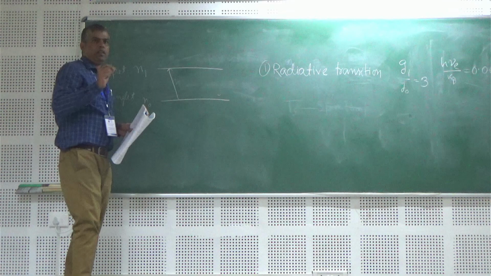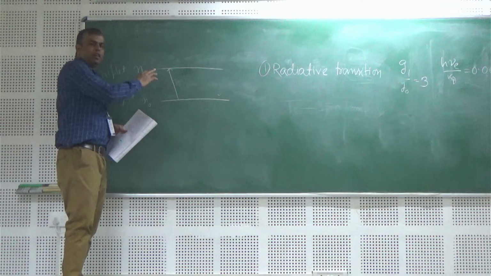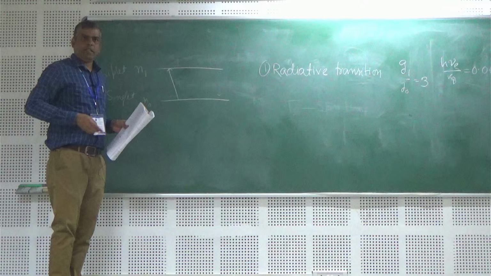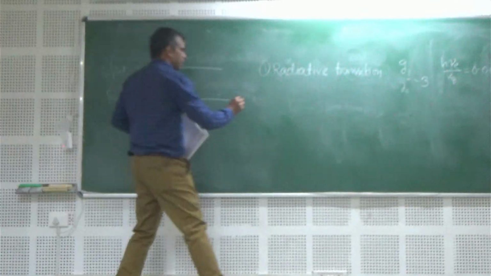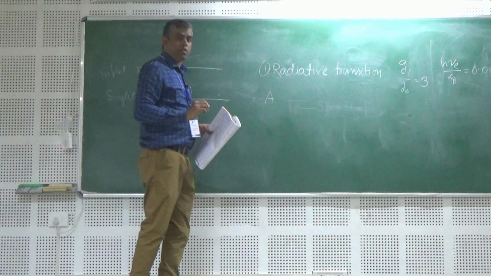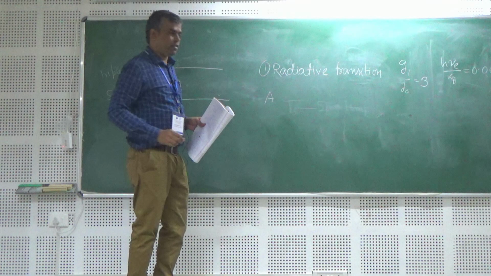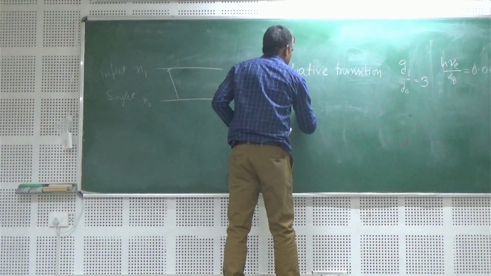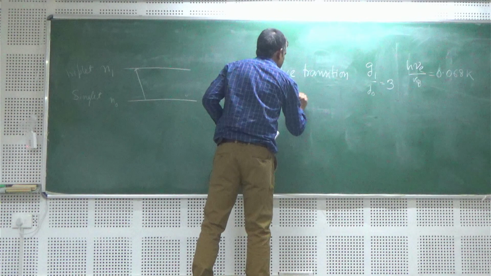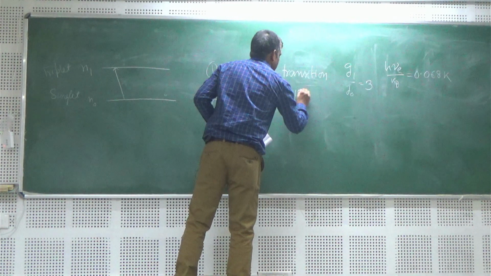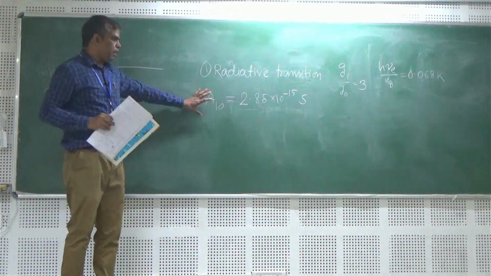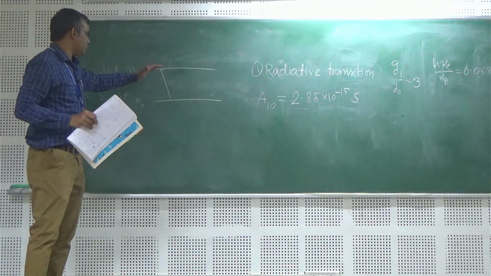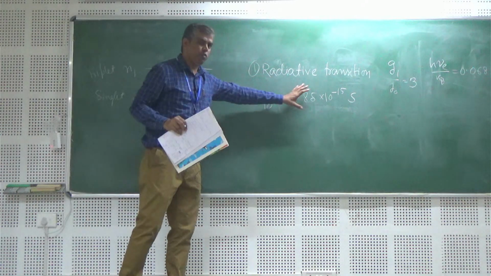The decay rate can be calculated using Einstein's A10 coefficient, whose value is 2.85 times 10 to the power minus 15 per second.